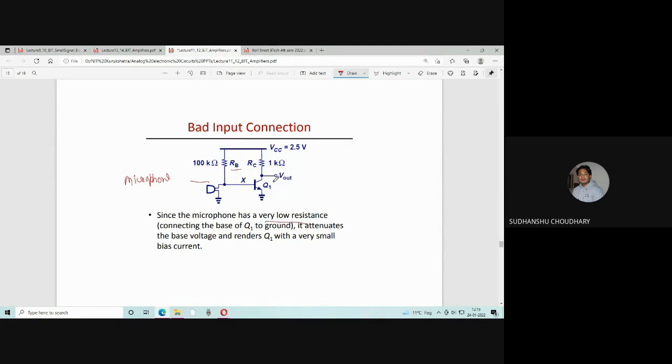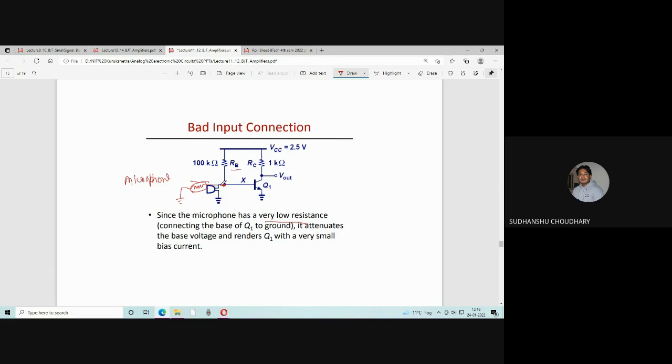So this would be equivalent to saying that you have connected the base of this transistor via a low resistance to ground. The effect of this is that the base is shorted to ground because this resistance is very small. If this resistance is very large, it is fine. But the microphone's output impedance is very small.